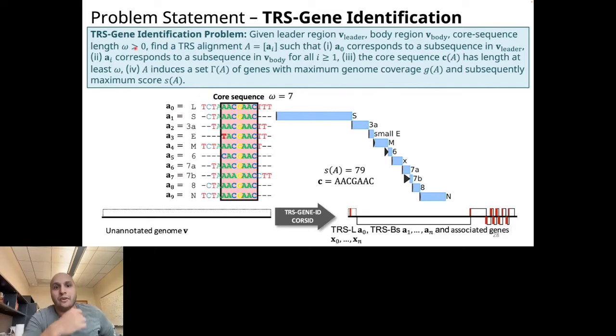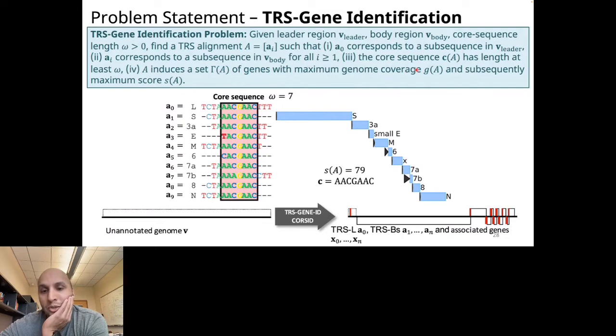The task is to find the TRS alignment such that A0 occurs within V leader, and A sub I corresponds to a subsequence in V body. The core sequence obtained from this alignment must have length at least omega. Here's the objective function: the alignment induces a set gamma A of genes with maximum genome coverage.